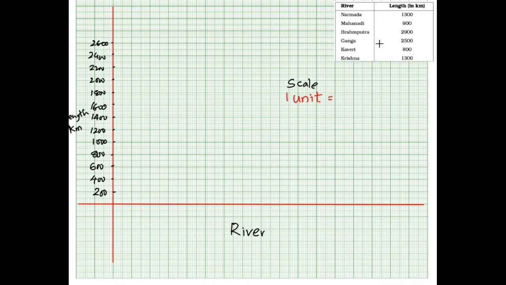Now river Narmada has got 1300. I need to identify where is 1300. It will be between 1200 and 1400. So here I need a rectangle representing 1300.